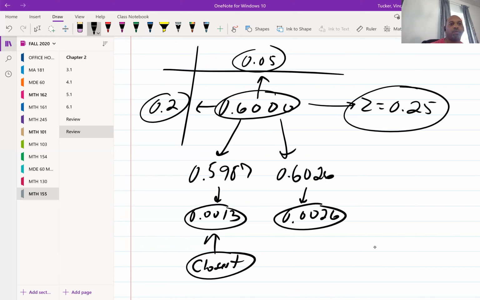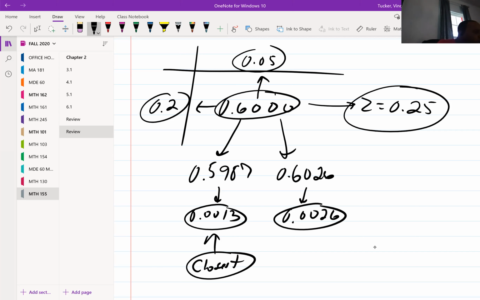So the answer will be 0.25. All right. Questions on that? And ask for the z-score.